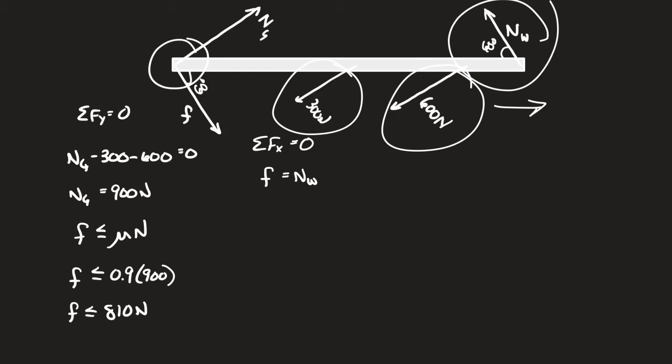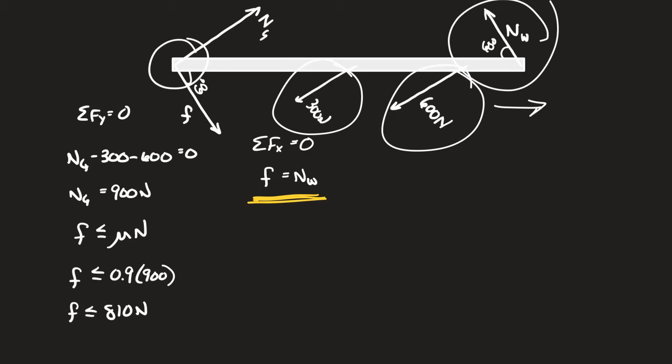Now, this is the hard part that I think you should transition to. The wall has a maximum amount of force that it can apply backwards before the ladder starts to slide out from under him. We now know what that is.